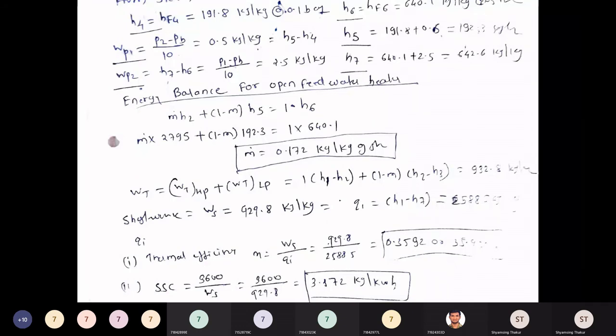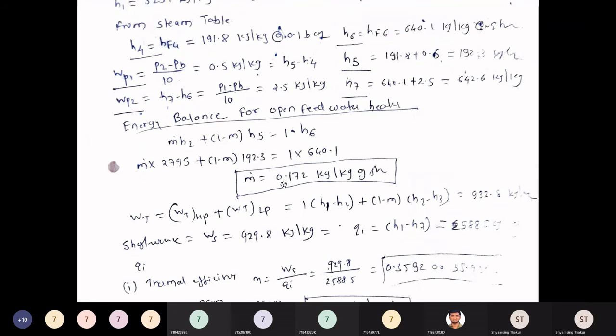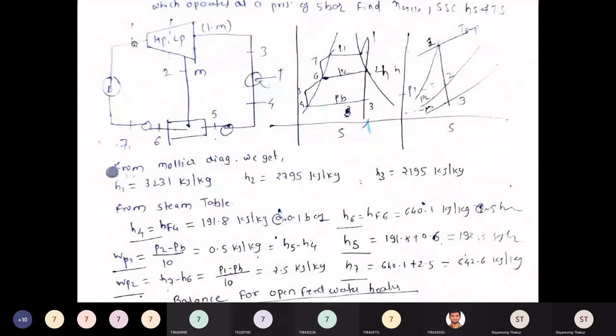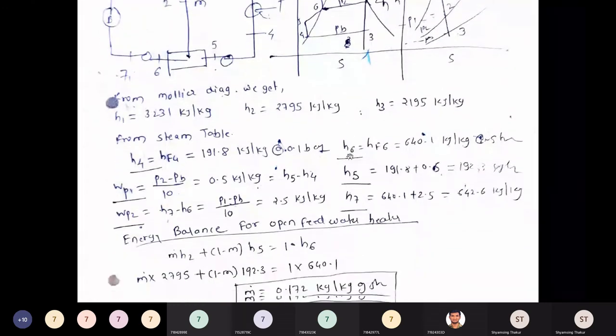Moving to the next, heat supply. Heat supply is nothing but heat supplied basically in the boiler.